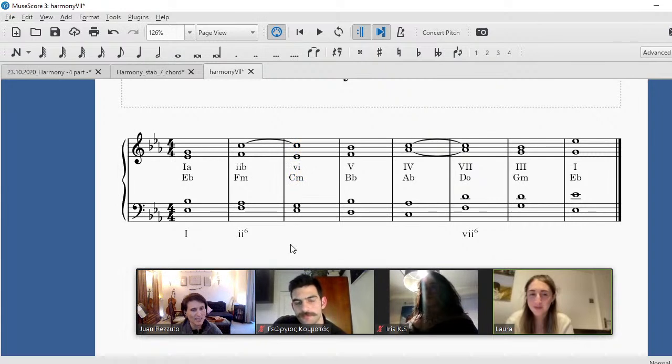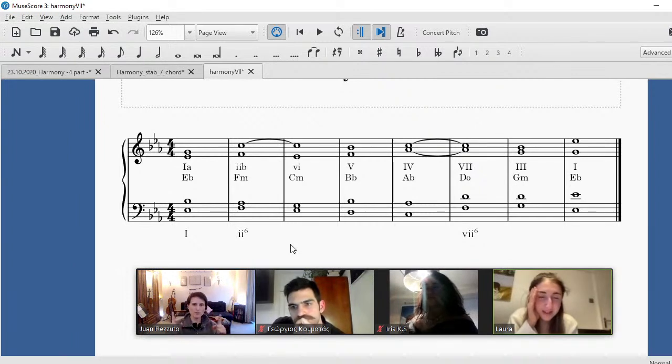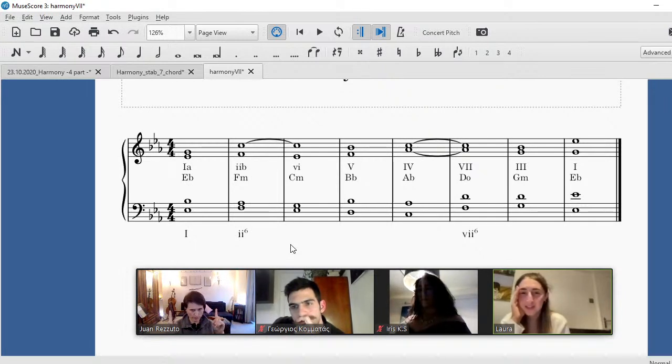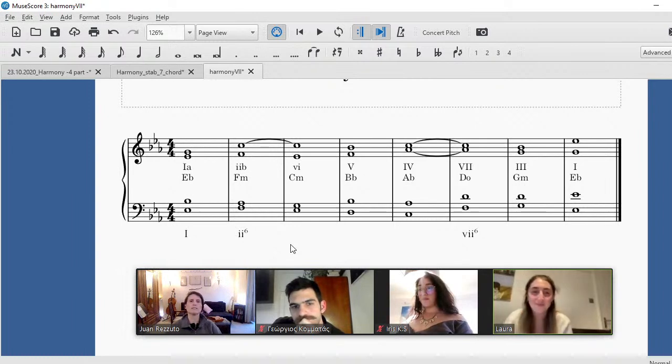Careful with that, not the bass. So you have to know which are the chords, the roots of the chords, and how they move. Is it descending? Yes, because it's the A flat down to the C.